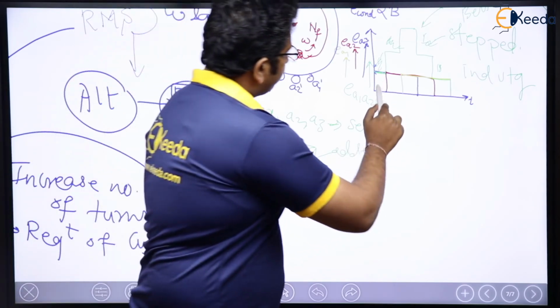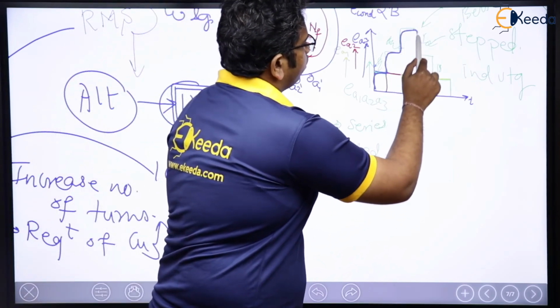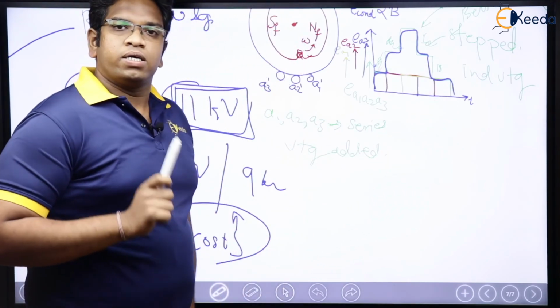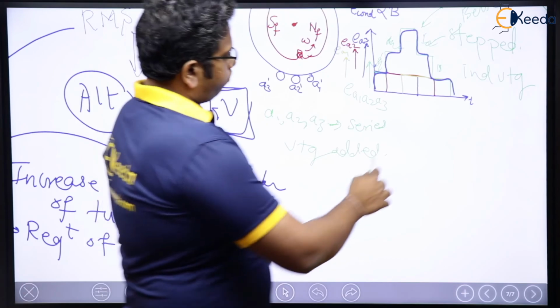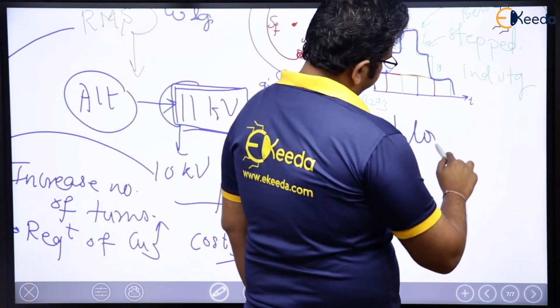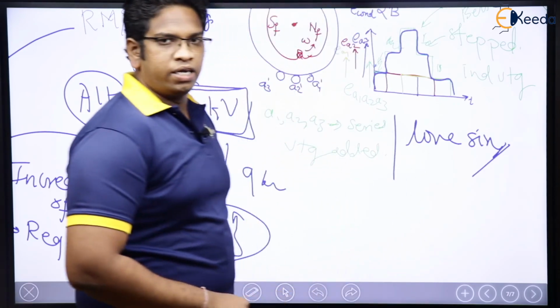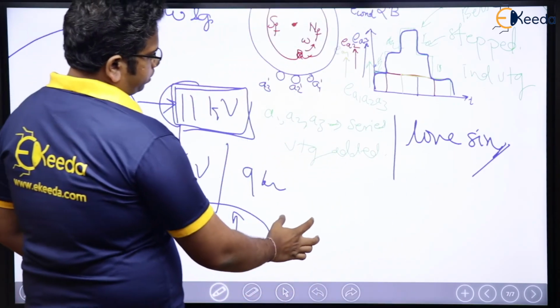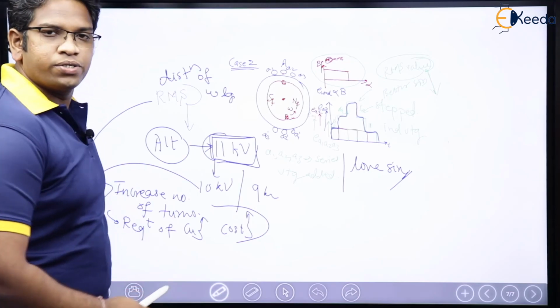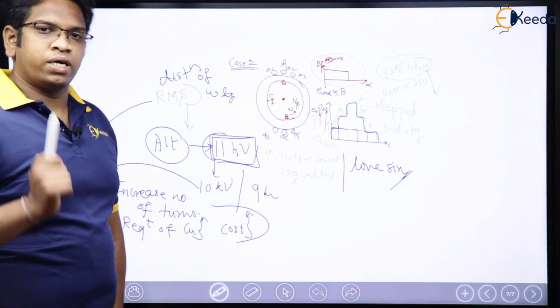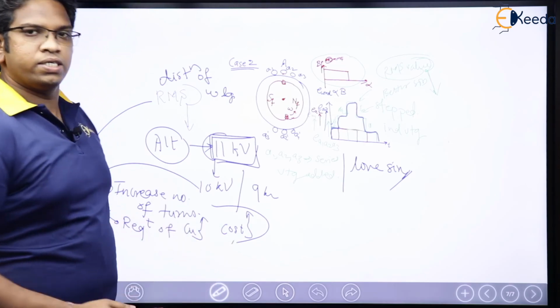Because we want our induced EMF to be sinusoid. That is the reason. Anyways, now see here, what is next? At any cost, I want sinusoid. Even if cost is increased, it's okay.